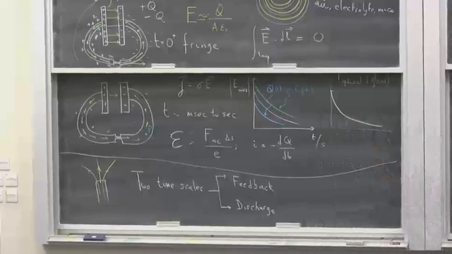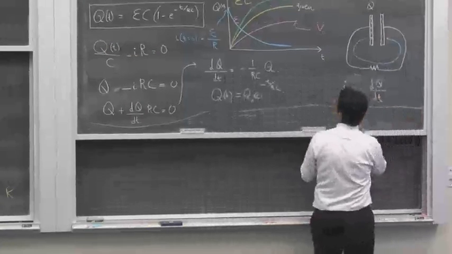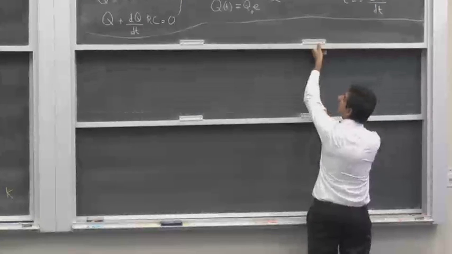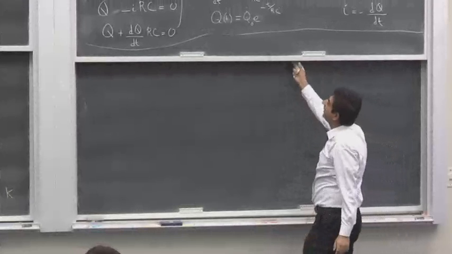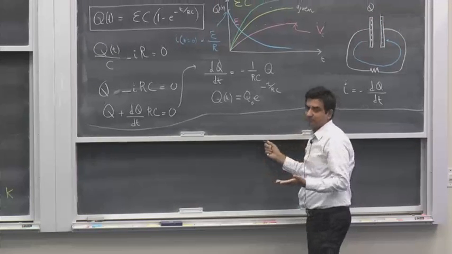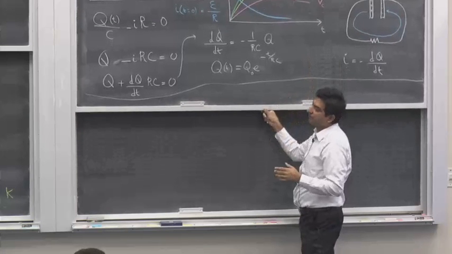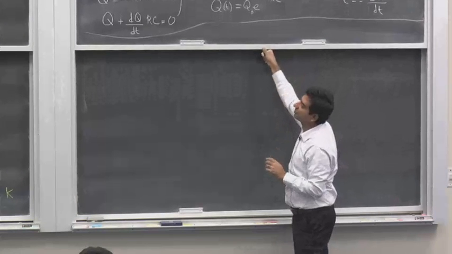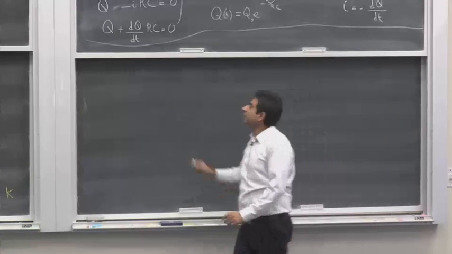So this is how a capacitor would discharge. Initially, the current is maximum, and then it's going to drop with time, and you can look at the different ramifications of these solutions. You can plot different cases.